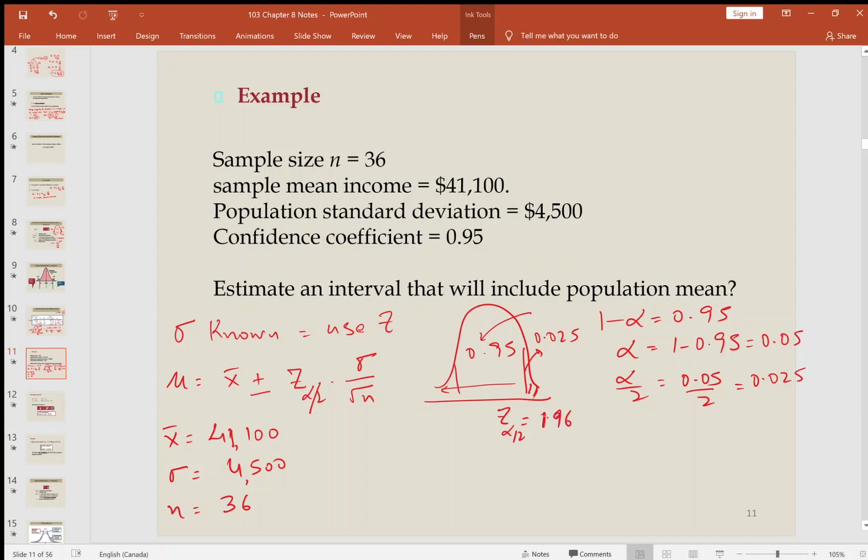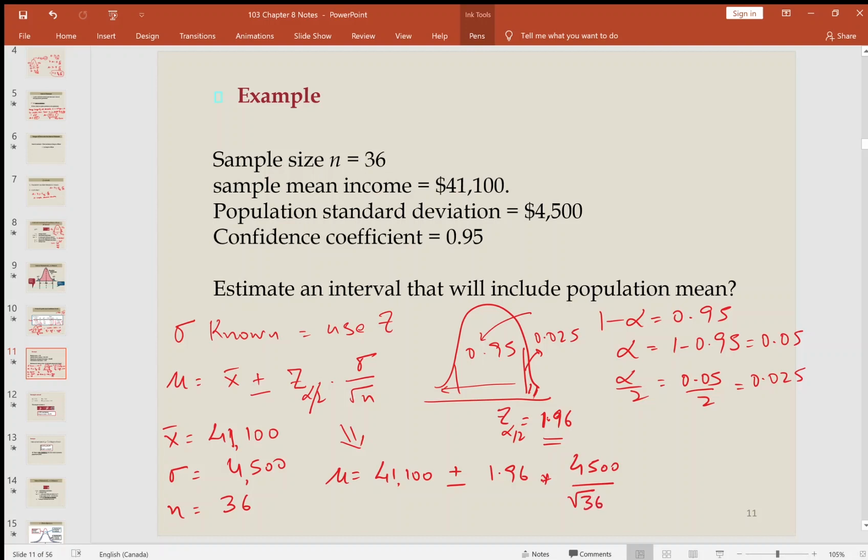Okay, so we've got all the numbers here now. All we're going to do is use this formula and plug in the numbers. So mu is equal to 41,100 plus minus 1.96 times 4,500 divided by square root of 36.